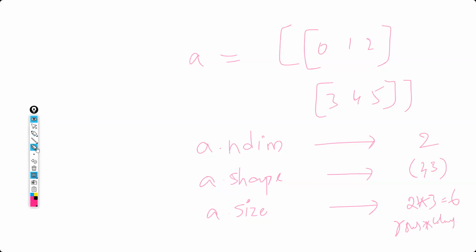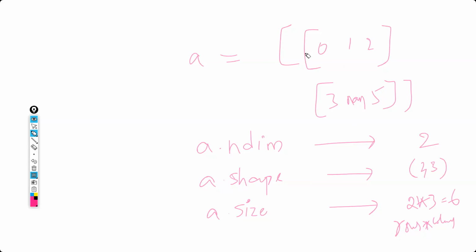Sir, for example here, if None is available, meaning a missing value is there, in that case also it is 2 into 3 only. According to Python, it blindly multiplies the number of rows into the number of columns.